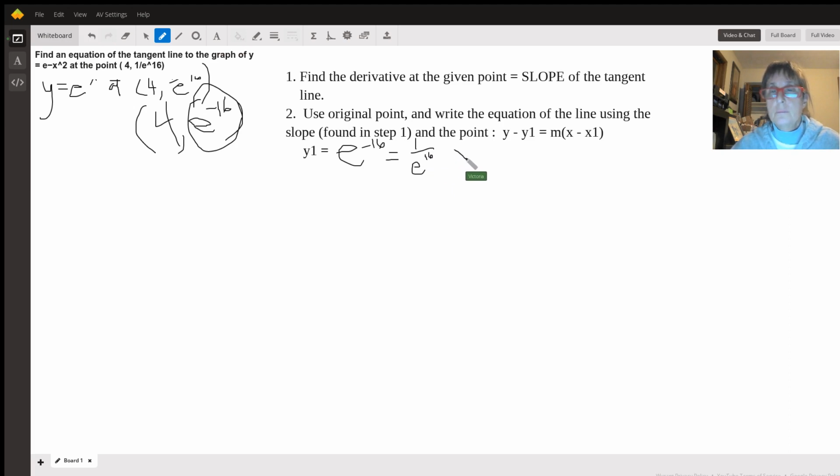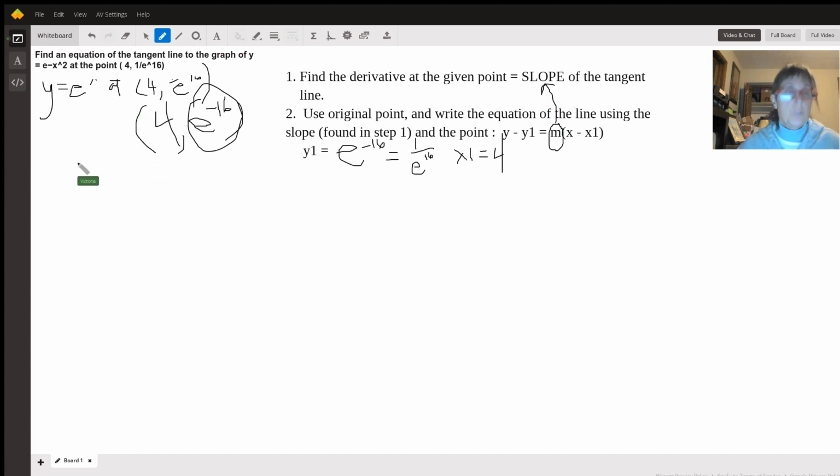And x1 is the x value, which is 4. So all we need for this formula is the slope. We have y1, we have x1, we need m, and that's going to come here from step 1.